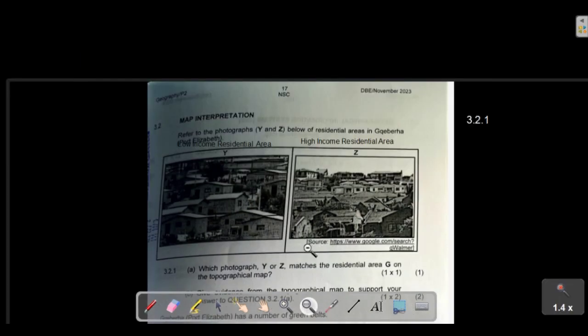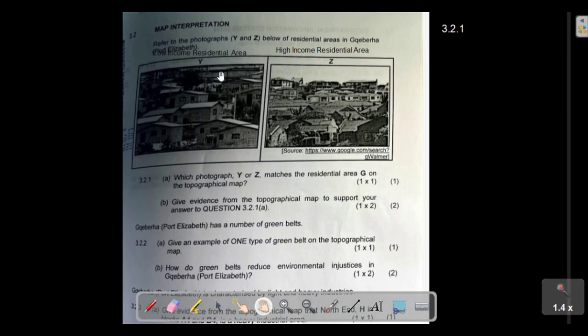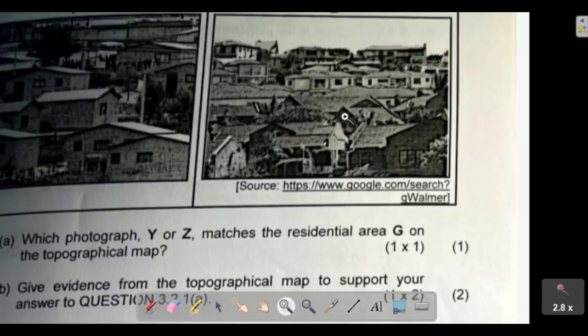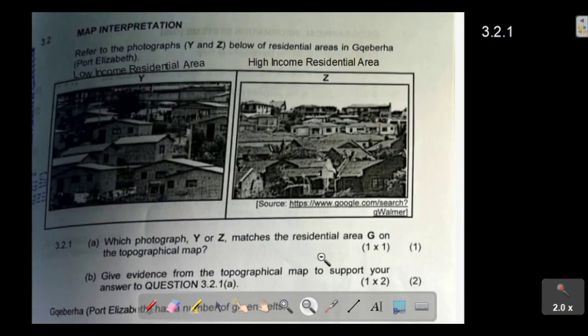So that's low income residential area, and that is high income residential area, right? So what we see here, as I said, in the high income residential area, each house is quite big, and it's not the same as the one next to it.